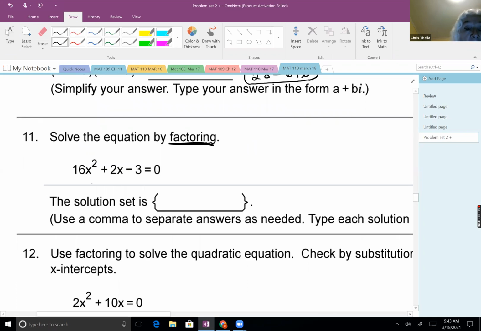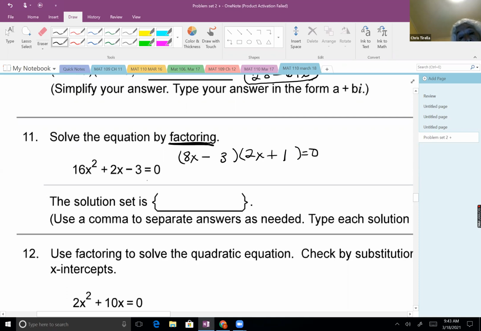So over here where I have 16x squared plus 2x minus 3, I want to go ahead and try to factor that. And I'm thinking, let's see, 16x squared, if I use 8x and 2x, and that 3, if I use 3 times 1, if I make it negative 3 and positive 1.